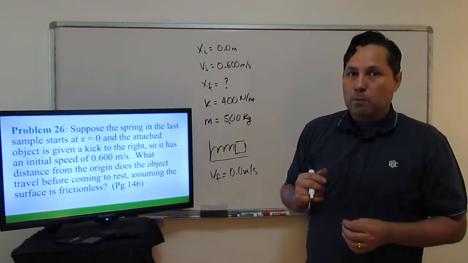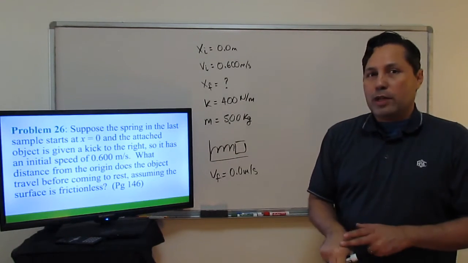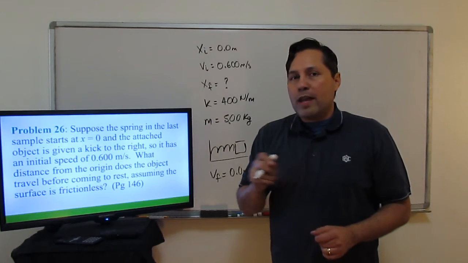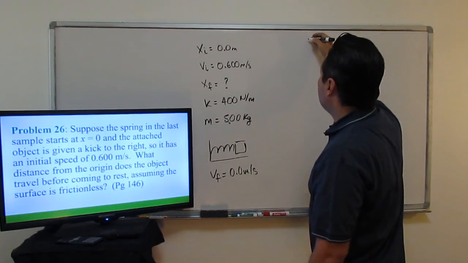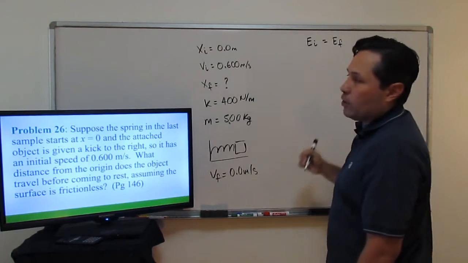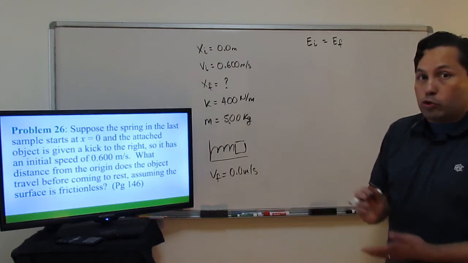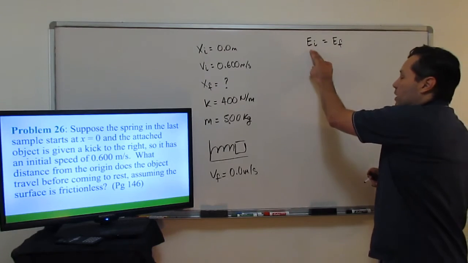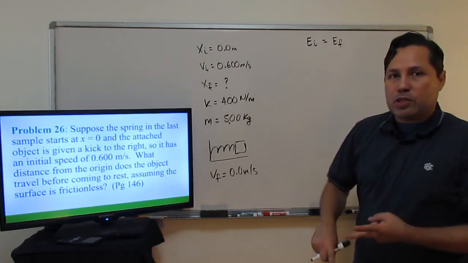Alright, so it is frictionless, so therefore we're going to assume that all the energy is conserved. Mechanical energy initial is equal to mechanical energy final because there's no friction, so we're conserving all our energy. What is mechanical energy? It is kinetic plus potential put together.